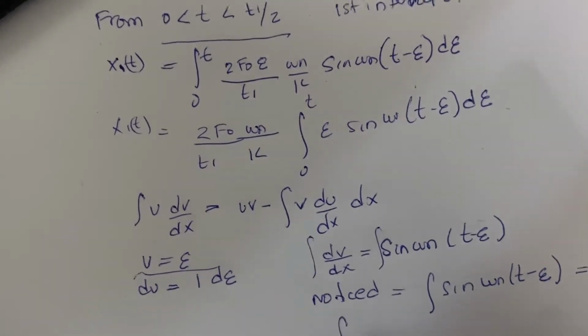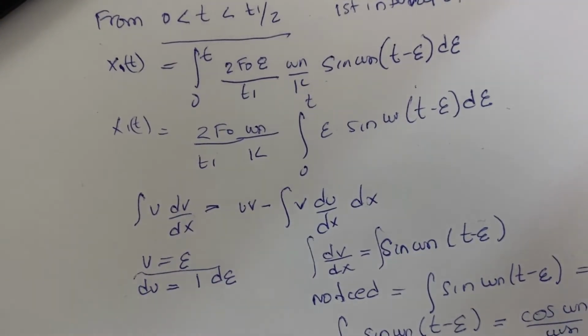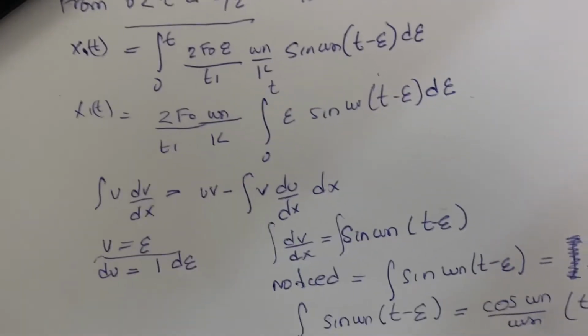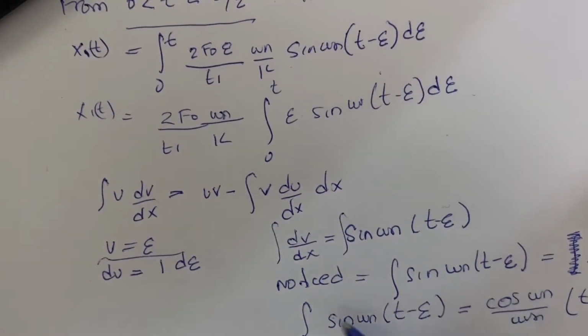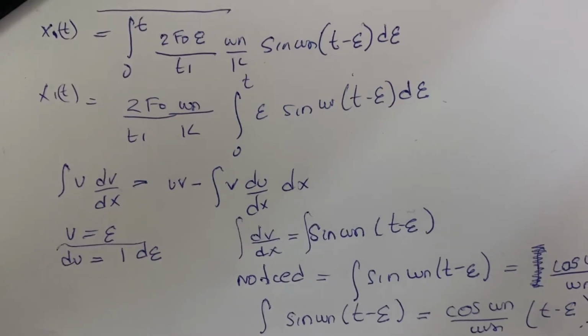The integral of sine omega n (t minus epsilon) is equal to cosine omega n (t minus epsilon) over omega n. And again, it's positive because when you use the u substitution and work this integral, you're going to see you get this value. So now we have that information there.